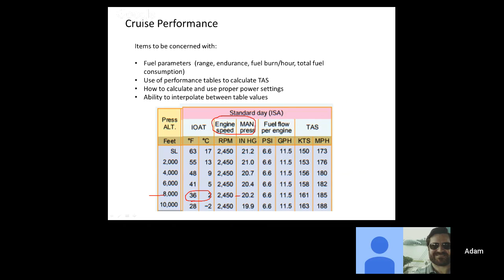But you can expect to operate at these engine parameters, RPM and manifold pressure. You can expect this fuel flow in gallons per hour, and you can expect this true airspeed.